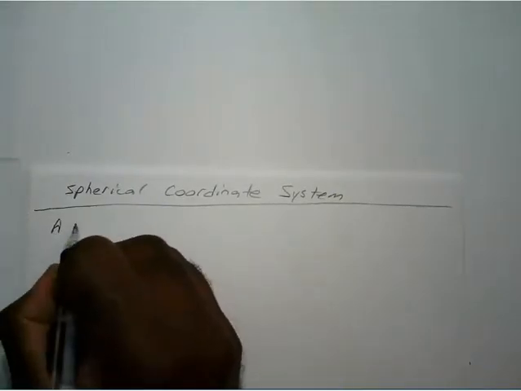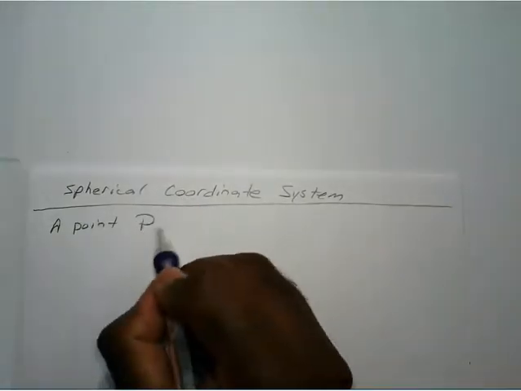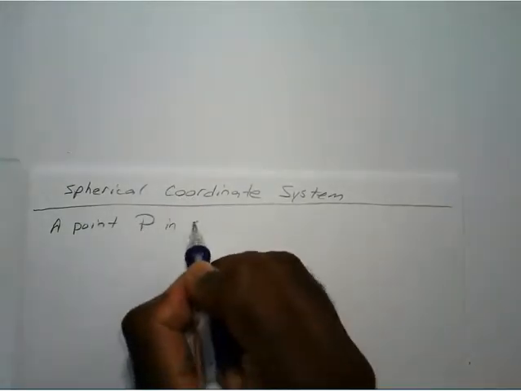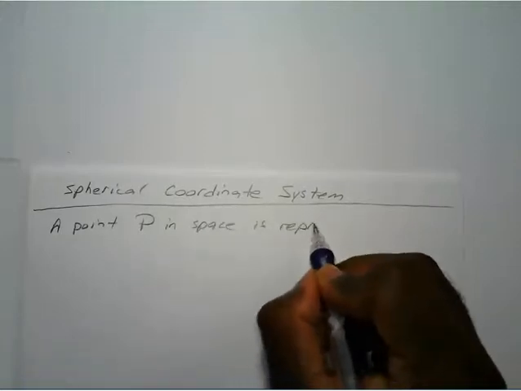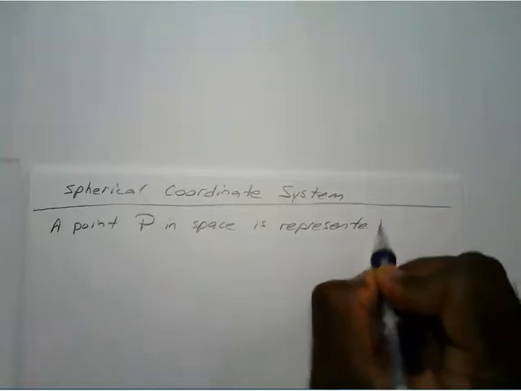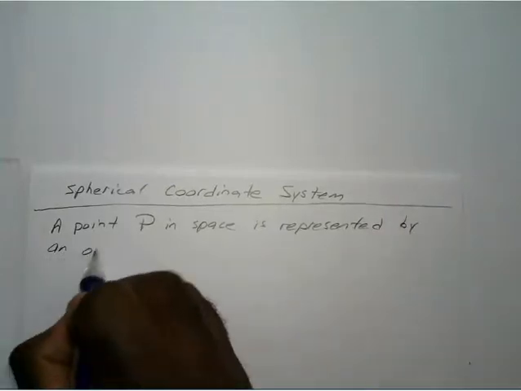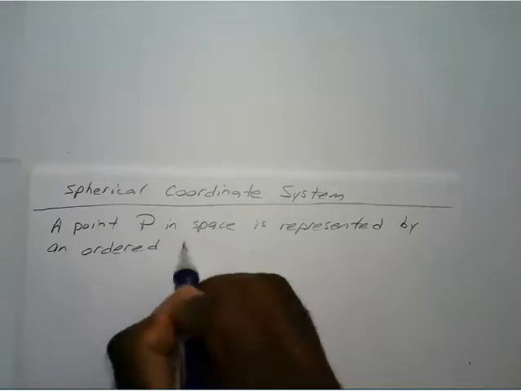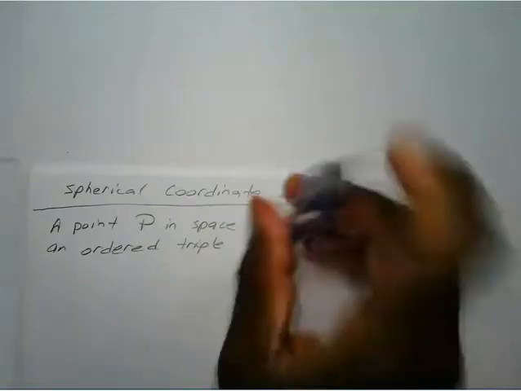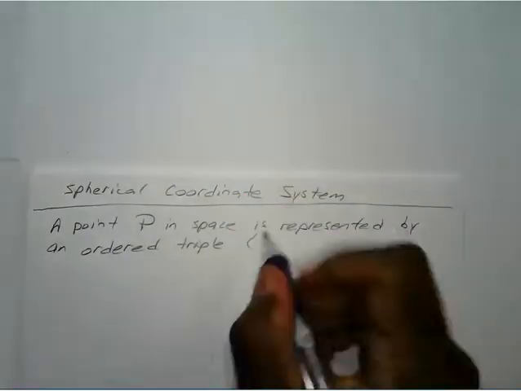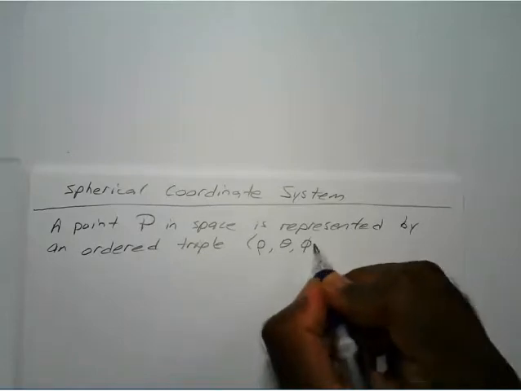So let's say you have a point P in space represented by an ordered triple. Let's clean that up a little bit. So you have rho, theta, and phi.